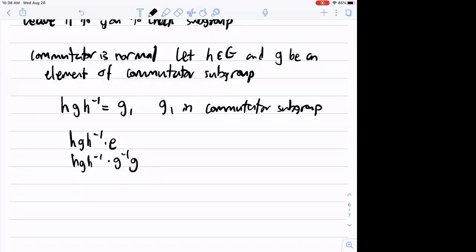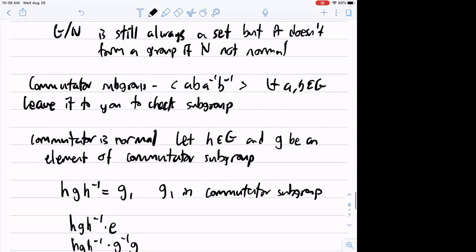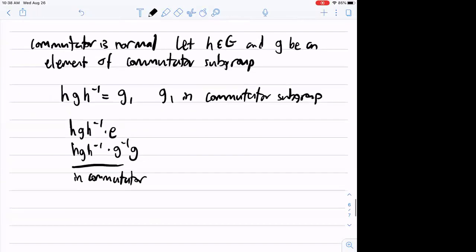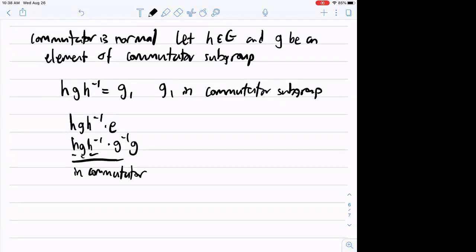Now you're done, because this element is by definition in the commutator. Remember, the commutator is elements of the form a, b, a inverse, b inverse, and here I have h, g, h inverse, g inverse, so this is in the commutator by definition. And this one we assumed was in the commutator.